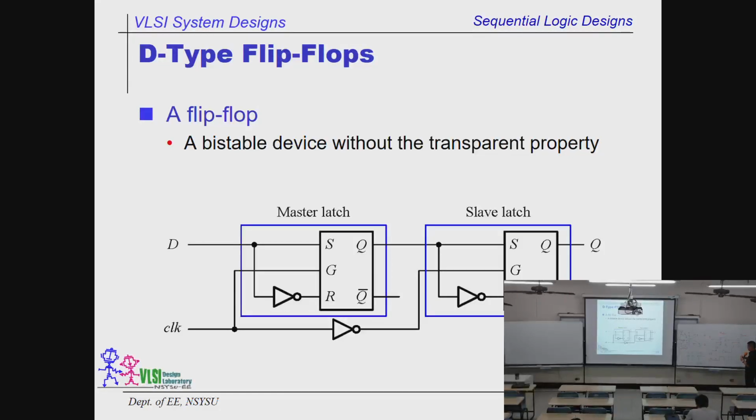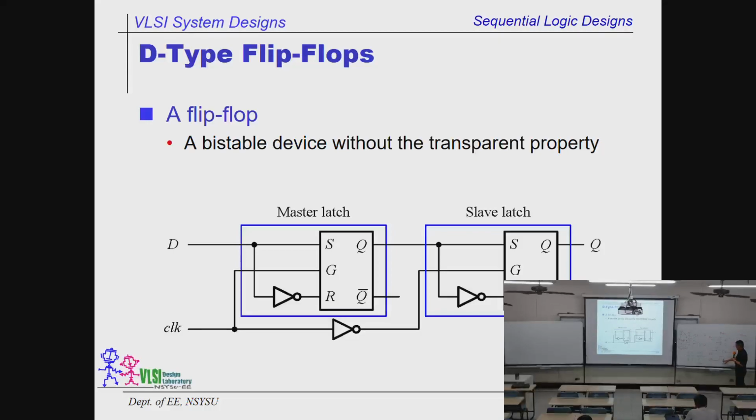So that's this part. So right now we are going from the high part. Let's assume we have a new data coming in. D coming in. D is not going to be copied over here until clock goes high. So when clock goes high, the D over here will be passed, copied over here.